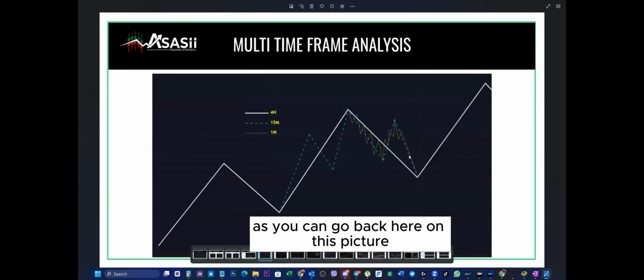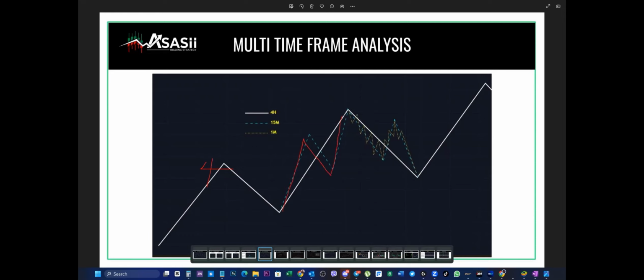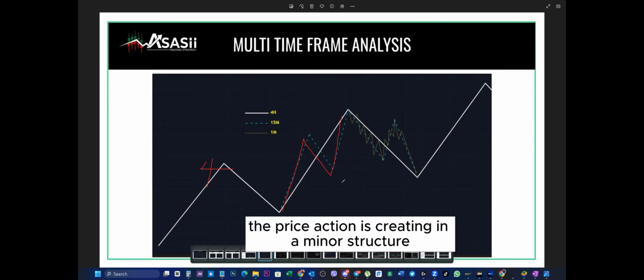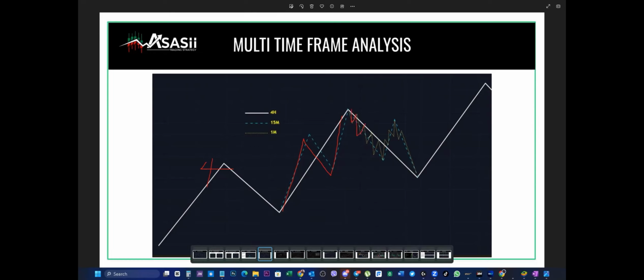As you can see on this picture, this is 4 hours. And maybe in 15 minutes, you can see on this side that the price action is creating a minor structure, a lower high, a higher low, and so on. And then in 1 minute, makikita rin natin na gumagawa siya.